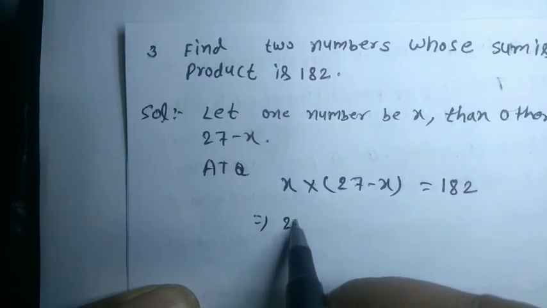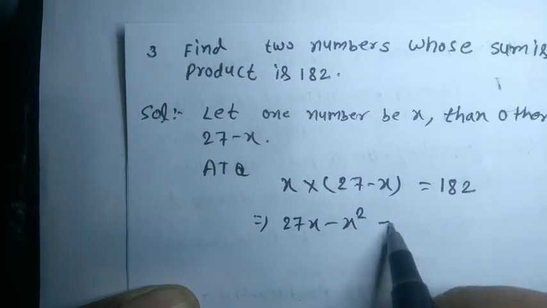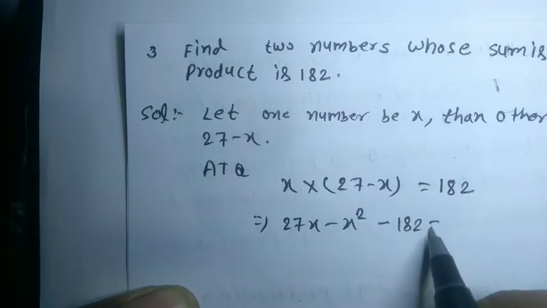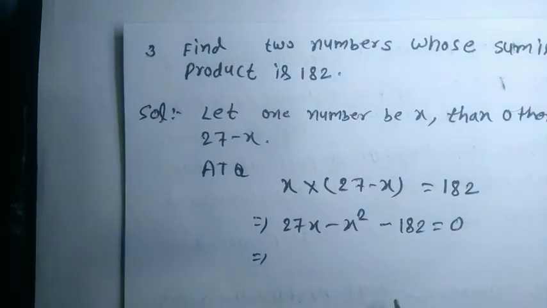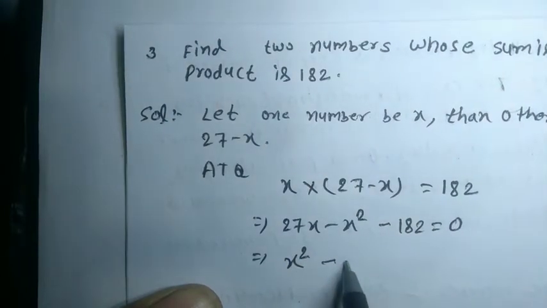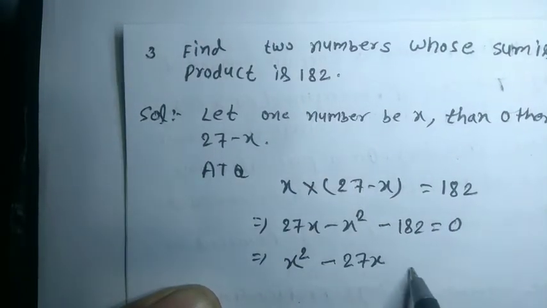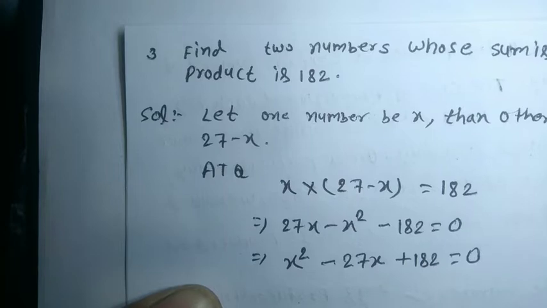Implies 27x minus x square, 182 goes to the other side, 27x minus x square minus 182 is equal to 0. Implies now we multiply minus 1 on both sides, then we get x square with plus, 27x with the sign minus, and 182 with the sign plus, that is equal to 0.